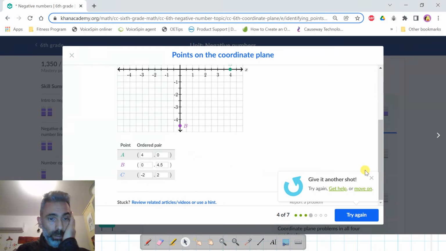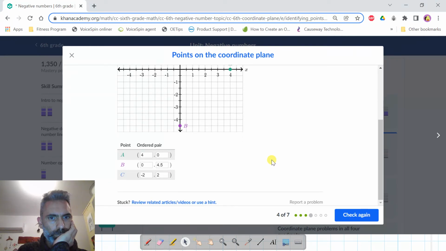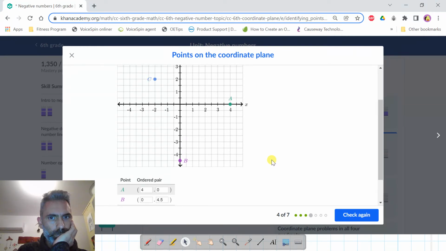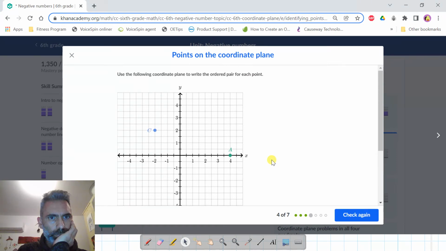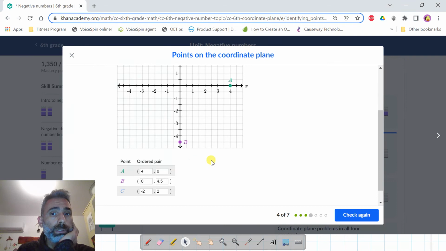What am I missing? It's supposed to be simple.